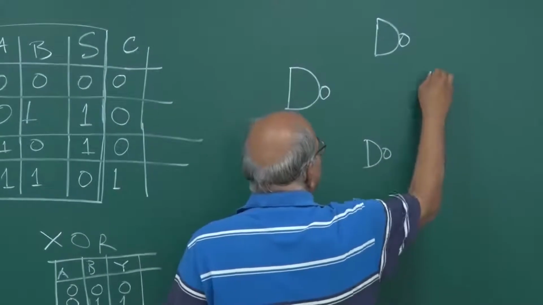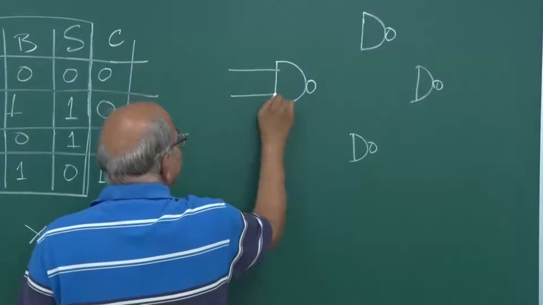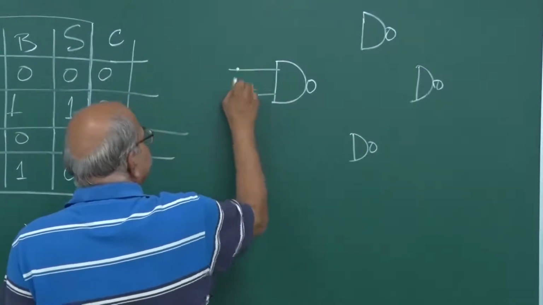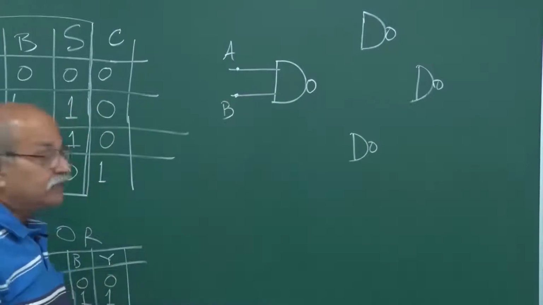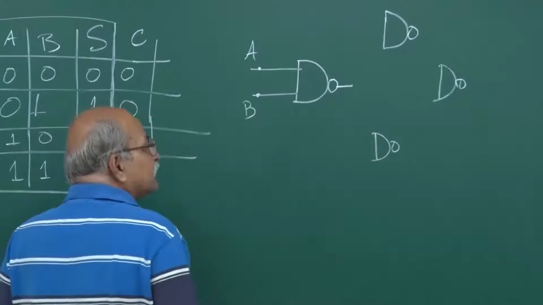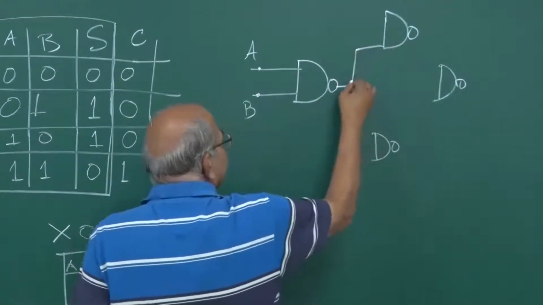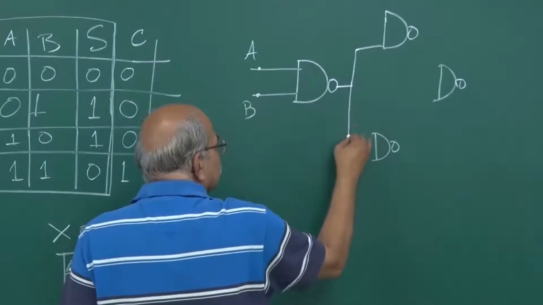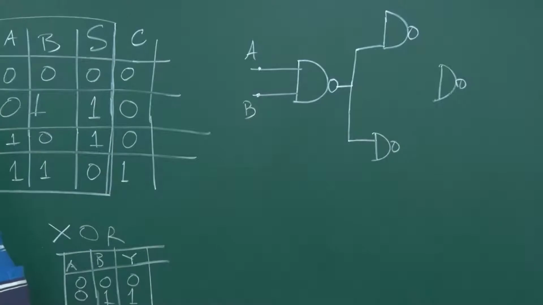So these are 4 NAND gates and here are the 2 inputs A and B. Okay, then the output of this first NAND gate goes as an input here and that also goes as an input here, one of the 2 inputs.